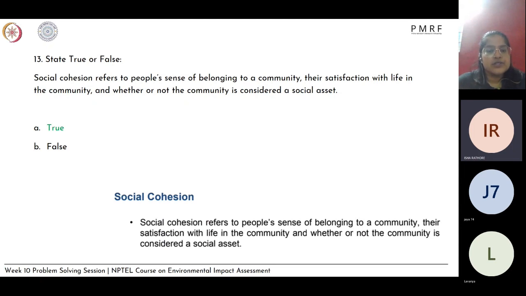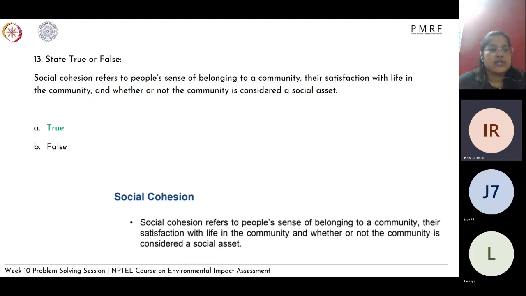Okay, so the statement is true, and this is the actual definition of social cohesion. That is, people have a sense of pride in and the sense of belonging to a community, and they're satisfied within the community, and they consider that community as a social asset. So the statement is true, and we talked about this in the social impact assessment lectures 49 and 50.